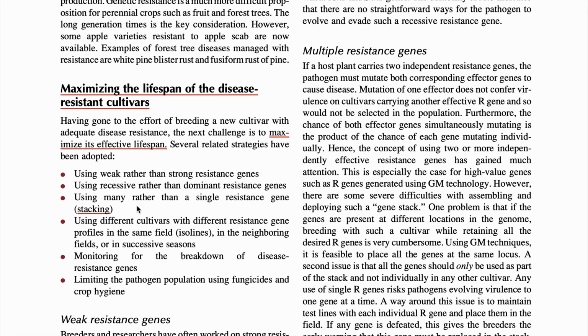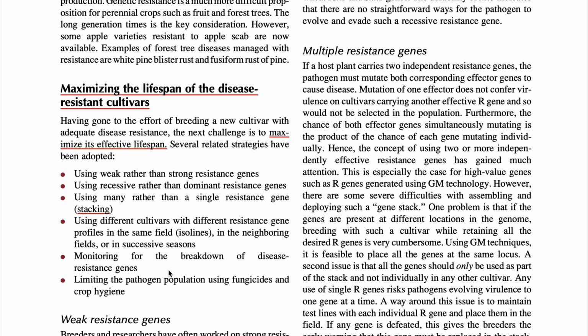Okay, till now they are talking about a type of horizontal resistance rather than vertical. Next, using different cultivars with different resistance gene profiles in the same field, in neighboring fields, or in successive seasons.